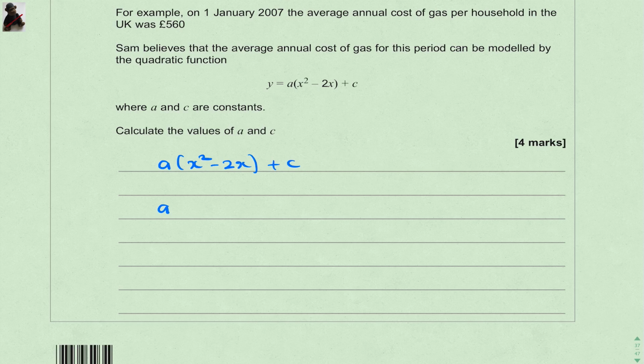So we keep the a, open bracket, x minus 2 over 2, so that'll be 1, squared, minus the square of 1, and 1 squared is 1, close bracket. It's important you do that. The completing the square is used only for the first two terms here, and that's why we close the square bracket. And then we bring down the c.